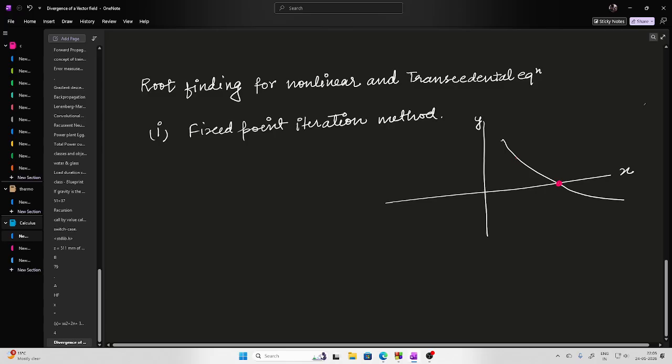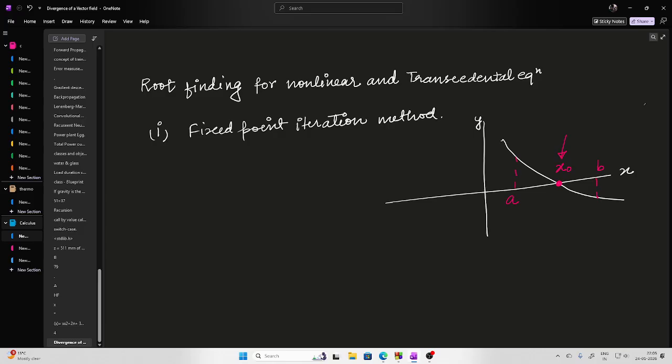Now I have this bracket, that means the root, let's say it is x naught, is lying between a and b. So this bracket I am assuming, and then based on this I try to evaluate the root using fixed point iteration.